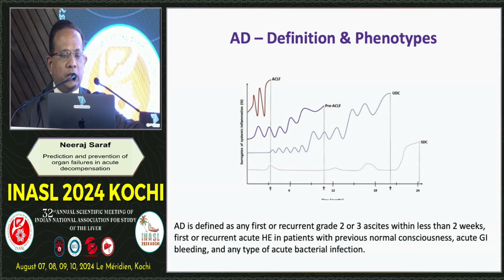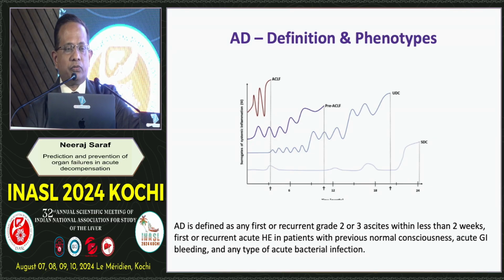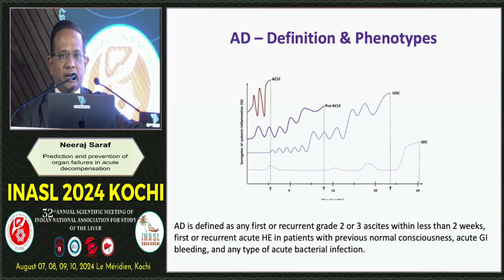So now in the last few years there have been some concepts of different phenotypes of acute decompensation, and I'll talk of this in a little more detail in the later slide. So you have stable decompensation, you have unstable decompensation, then you have a pre-ACLF stage, and you have an ACLF stage.